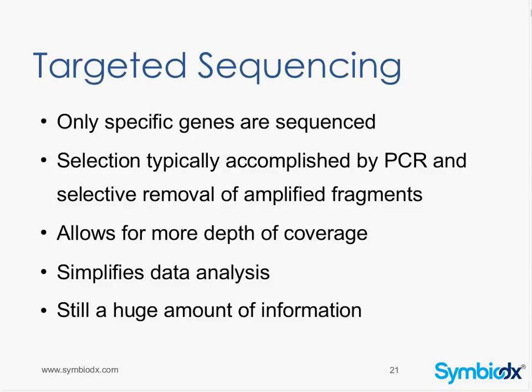And while we have a lot of really great programs and analytic tools, it still requires a lot of human input and interaction to sift through this data and analyze it. I want to emphasize that targeted sequencing is still a huge amount of information. It used to be we would look at 2 or 3 exons with Sanger sequencing.